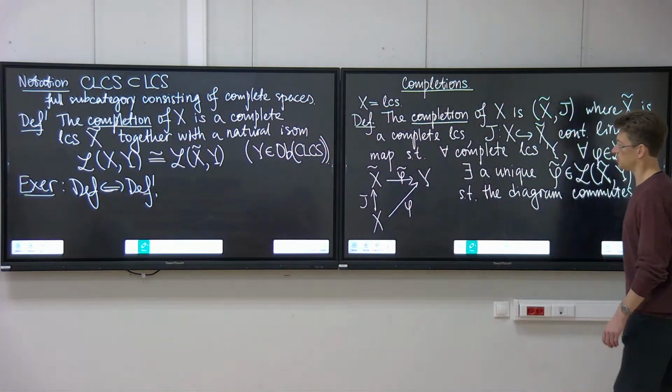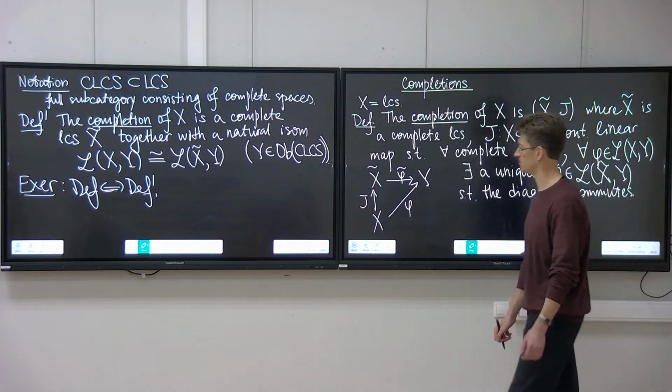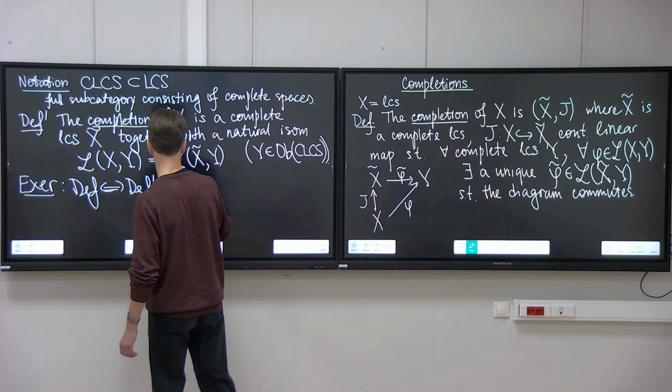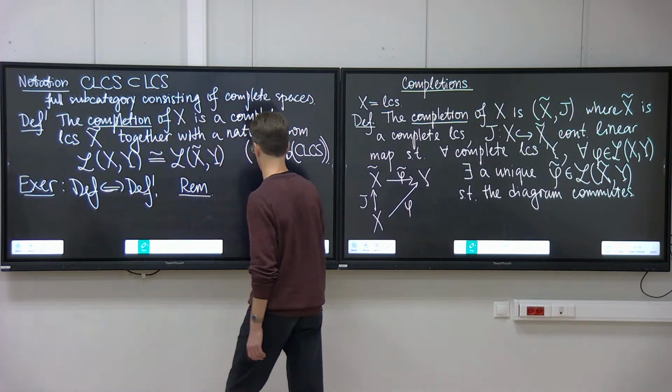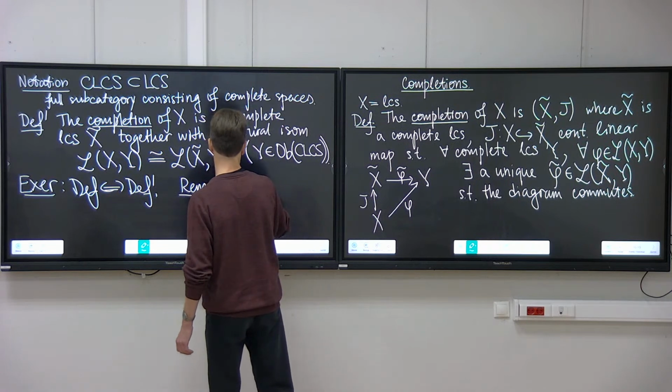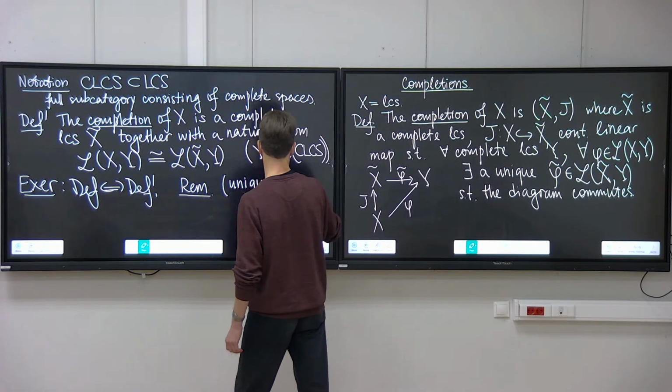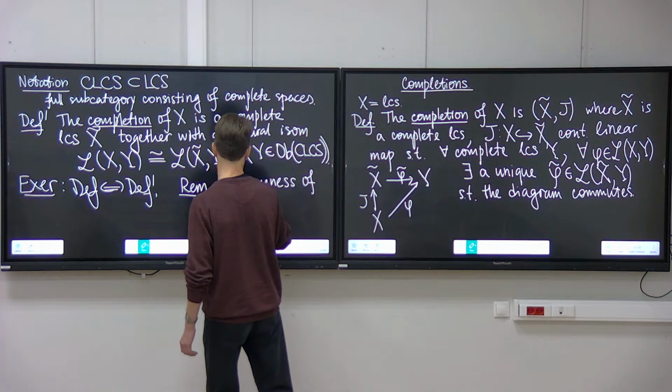It's easy to deduce from the definition that if a completion exists, then it is unique. A remark, which is more or less immediate from the definition, about the uniqueness of completion.